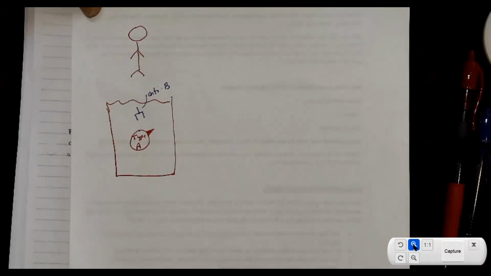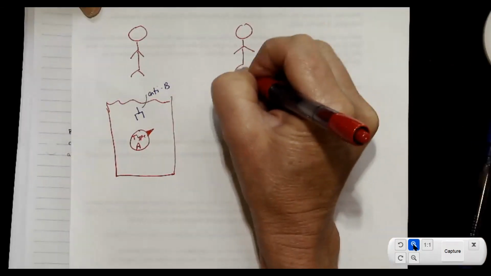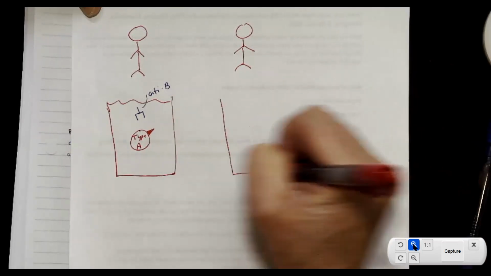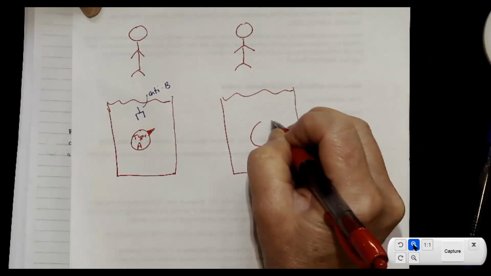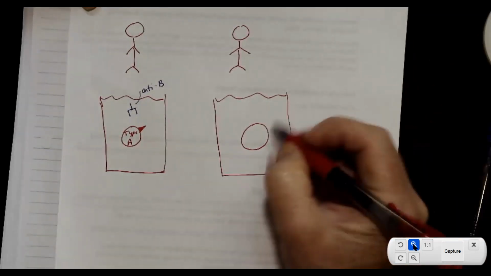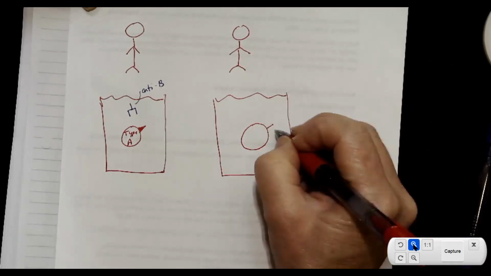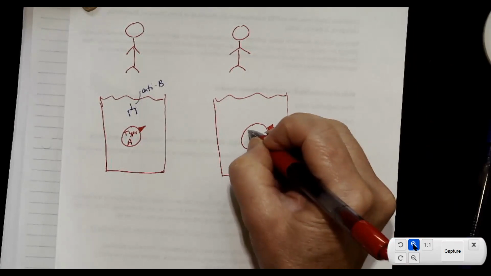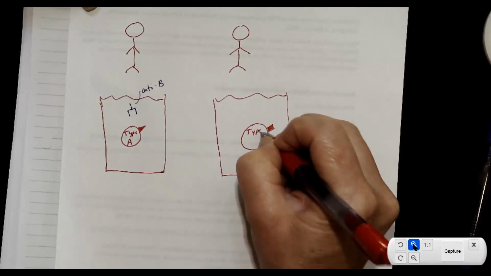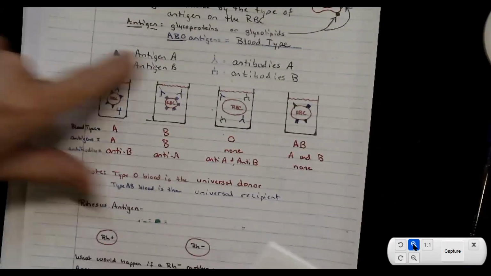Draw another person. Put their blood in here. Once again, I'm going to put blocks on this. So I know this is the antigen B, blood type B. If you forget, you can refer to your little chart here.